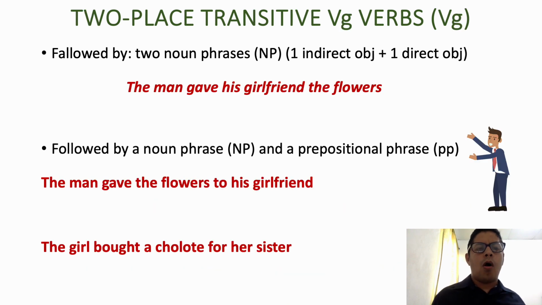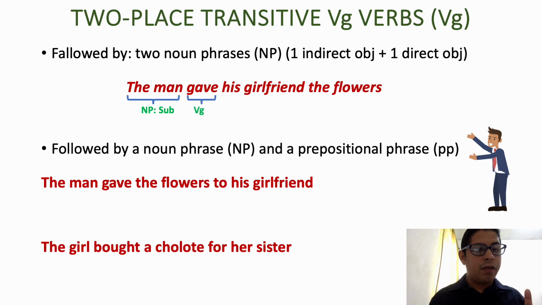Okay, let's move on to the two place transitive VG verbs. It's really important that you pay attention to this part. One characteristic of them is that they are followed by two noun phrases, one indirect object and one direct object. I can give you one example. The first one, the man, that is a noun phrase functioning as the subject.